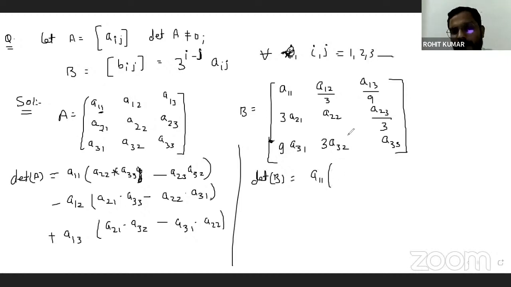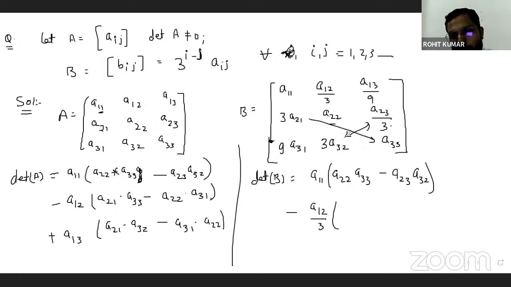A11 of A22 into A33 minus the multiplication of these two. The 3 and this 3 will get cancelled, so that is A23 of A32. Simple. Minus A12 upon 3. When you multiply these two, 3 will be outside. So 3 of A21, A33 minus 9 into 1 by 3 will again give 3.